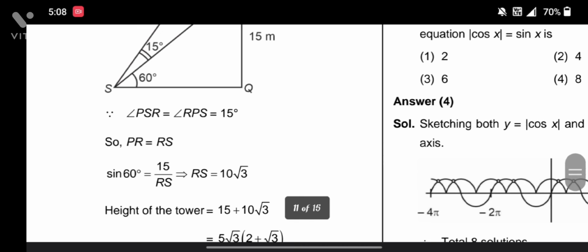And 10 root 3, if we try to solve, we'll get 2 plus root 3.